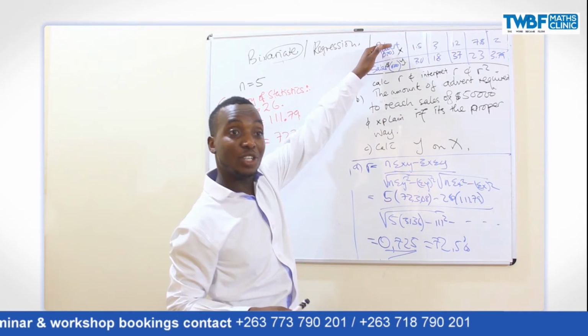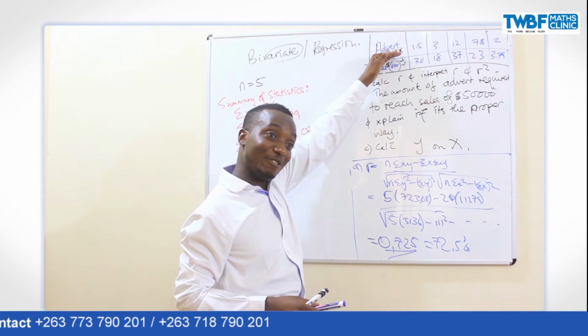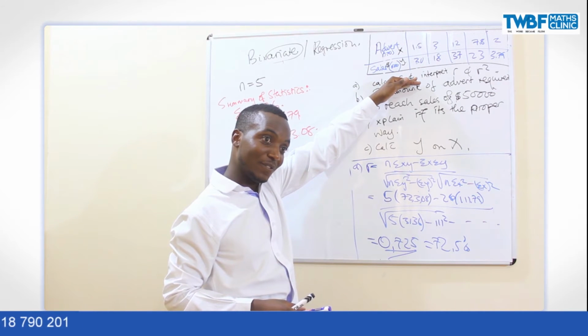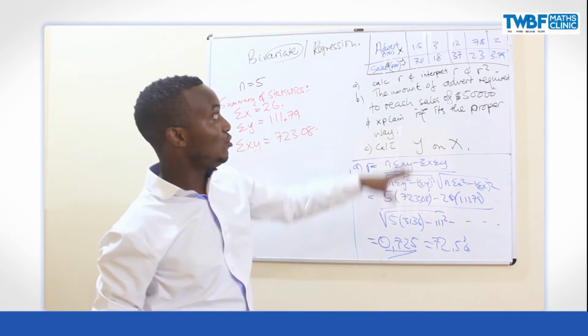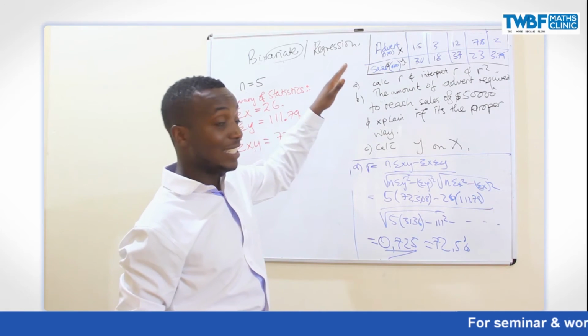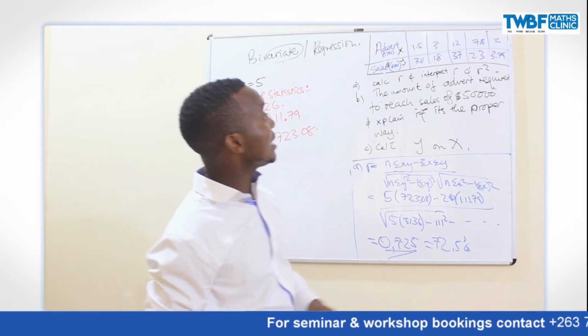Sales depend on advert. It's not advert that depends on sales. Do you get that logic? So if you are asked to draw a scatter plot, on the horizontal axis you put advert, and on the vertical axis you put sales.